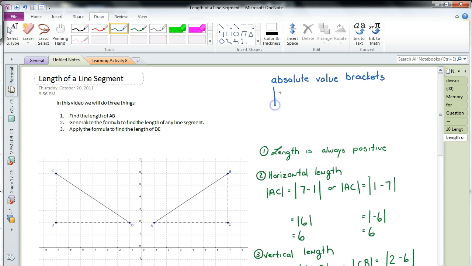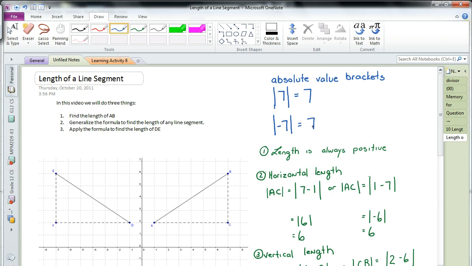They're long lines, and I put a number inside, and I make sure my bracket is long enough that it doesn't look like a 1. All that happens is whatever's inside the absolute value brackets becomes positive. So the absolute value of 7 is 7. The absolute value of negative 7 is 7.